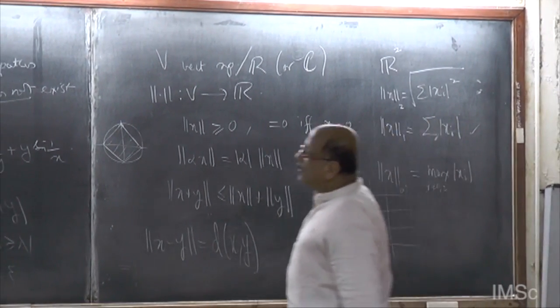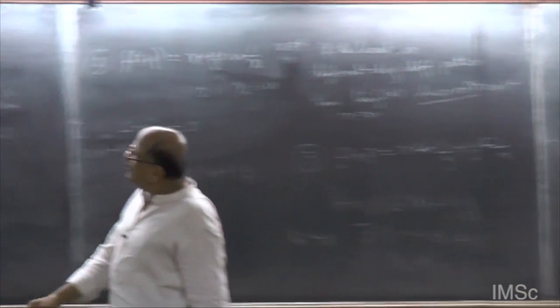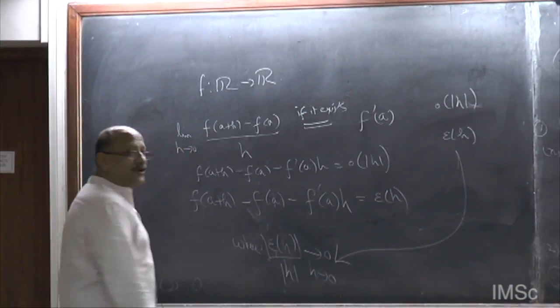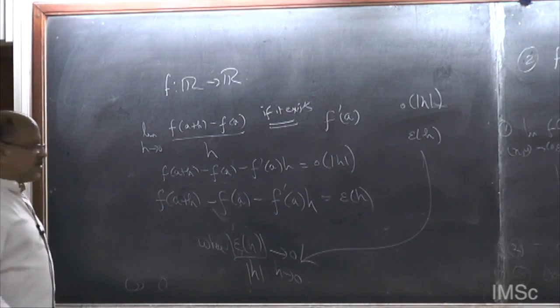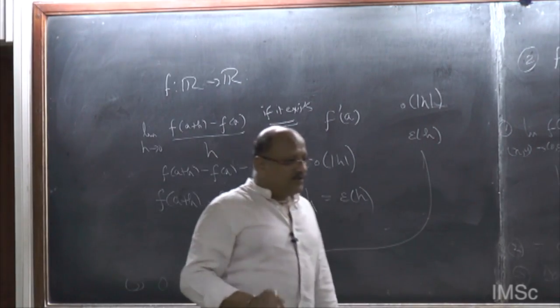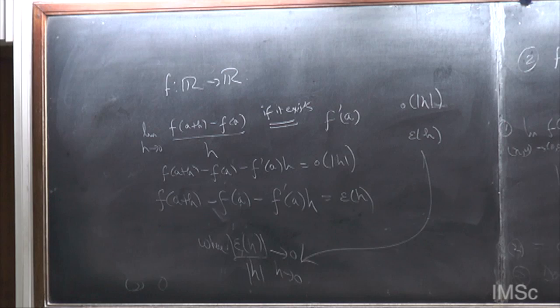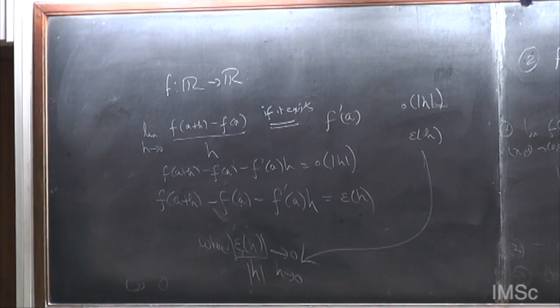But we are not interested in continuity of everything. Well, we are to some extent, we are even going to talk of differentiability. But first of all, the easiest thing we want to talk of is continuous linear transformations.